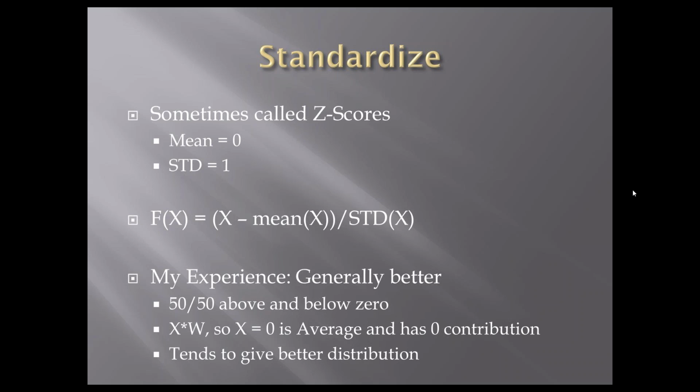Just from my experience, this is generally better for pre-processing data. Again, you've got this 50-50 split above and below 0. Some people might be afraid that it goes above 1 and below -1, but this is generally okay, because what you're trying to do is train a neural network, and that's based upon statistics.